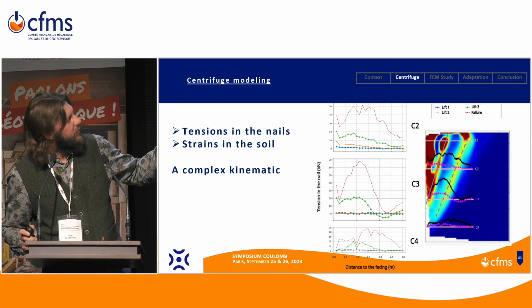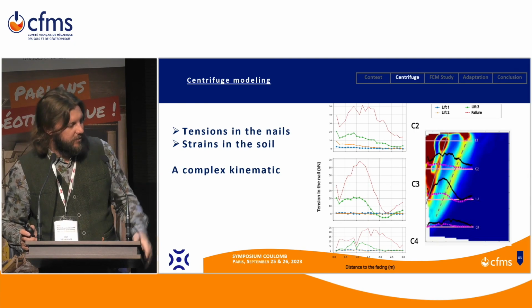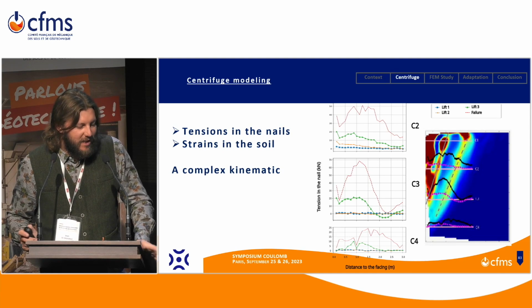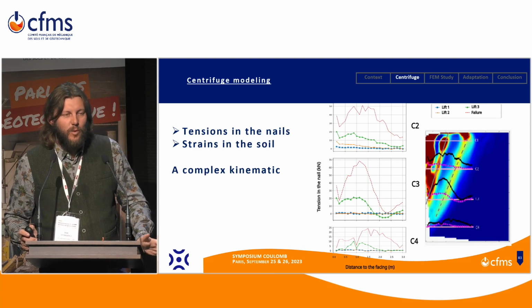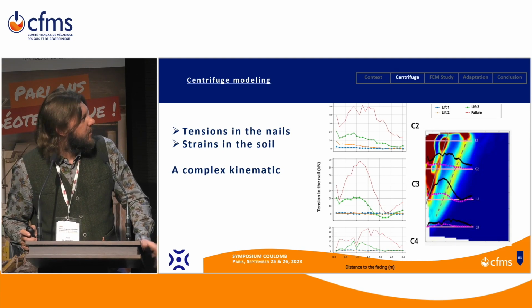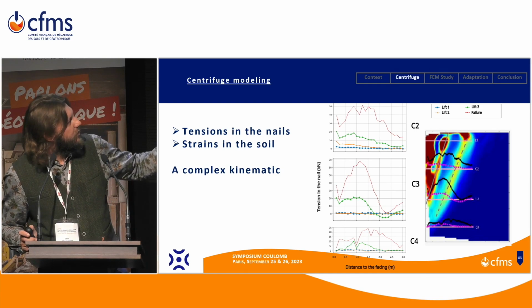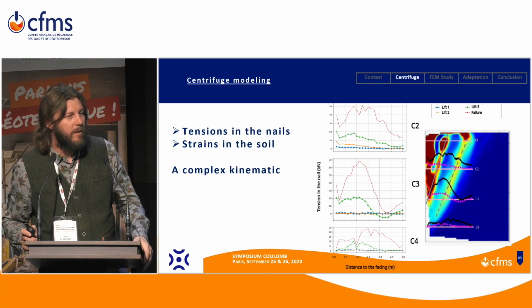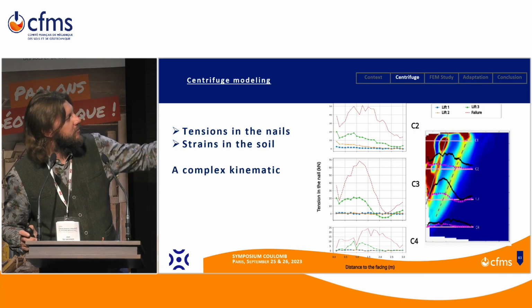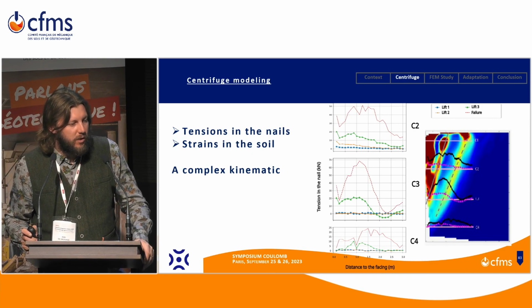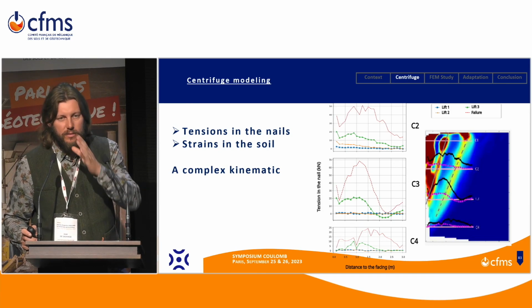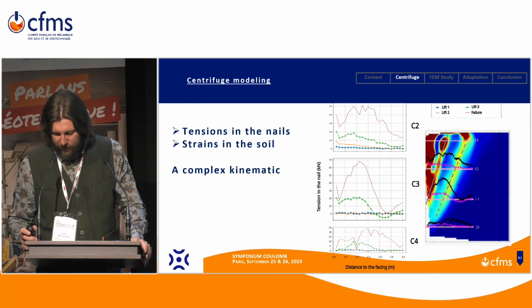We can even say that we have two nested slides. At least what we can say is we have a quite complex kinematic. We can also see that the maximum values of tension in the nails are not really aligned. It is, let's say, consistent with the fact that we don't have a single failure surface.